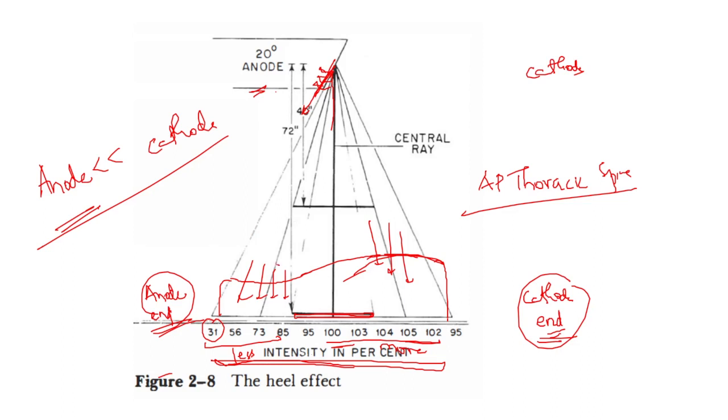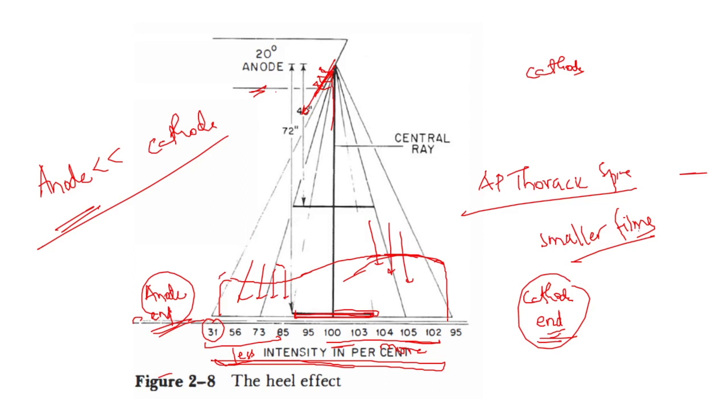Instead, if you use a smaller film, there is less difference at each point, for example between 85 to 104 compared to 31 to 95. So using smaller films will decrease the Heel effect.